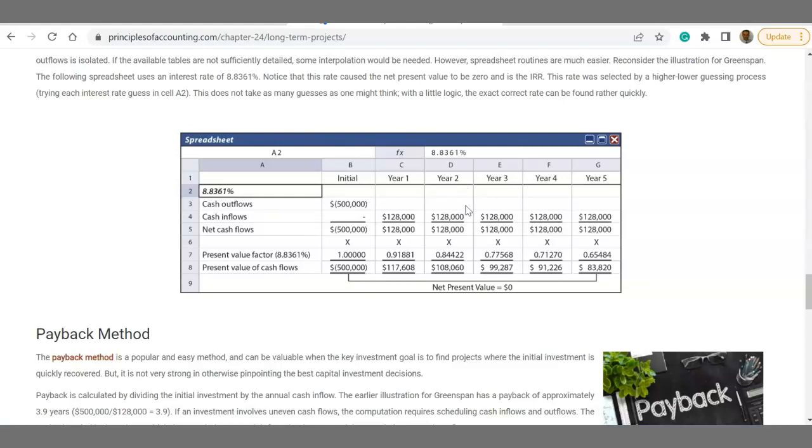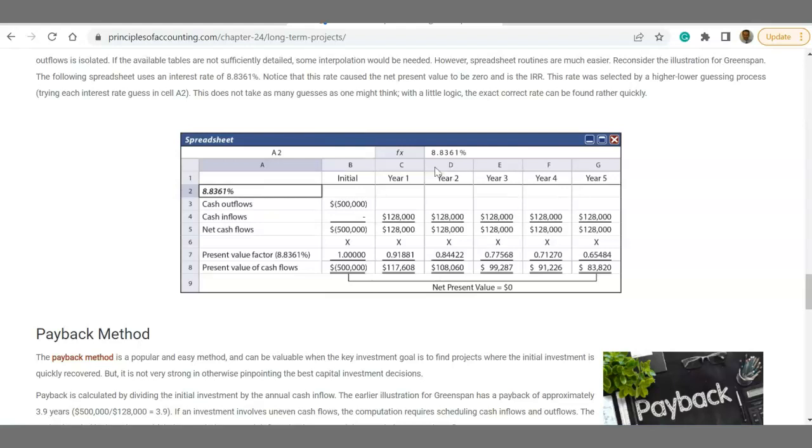If you use Excel, you can change the interest rate by a smaller amount until you get to the point where the net present value is very close to 0. Then you know, okay, this project is providing me about 8.8% interest rate.